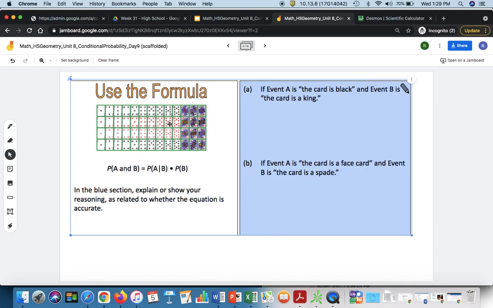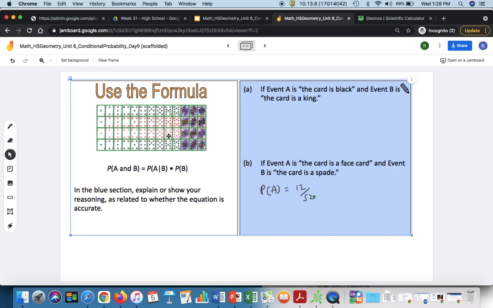So for B, we are told that event A is the card is a face card. So let's take a look at that. If we take a look at the face cards here, well, we could tell that there are 12 of them. So if that is event A, the probability of event A is going to be 12/52.